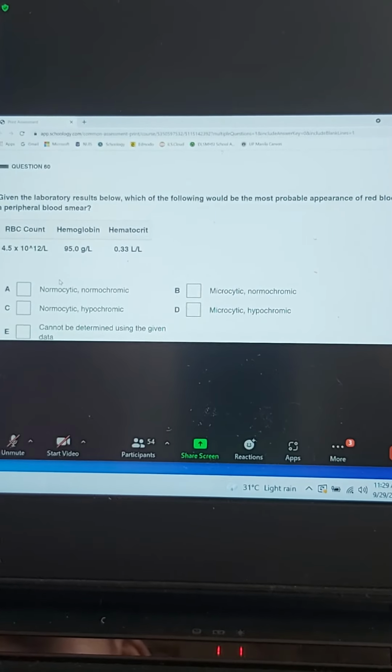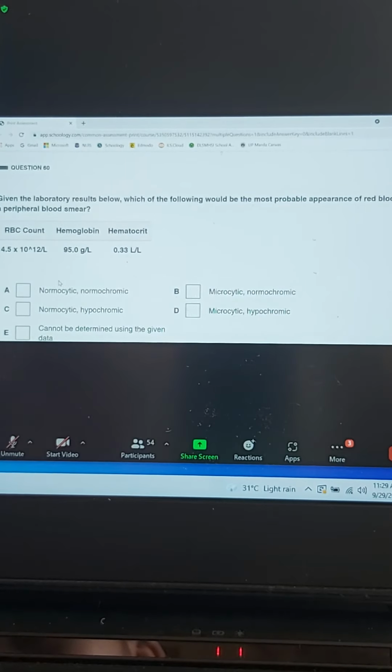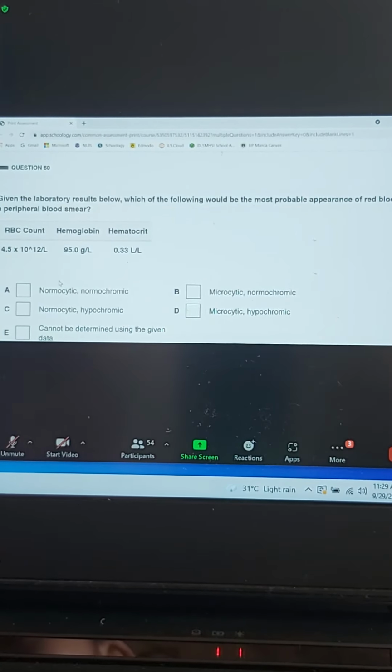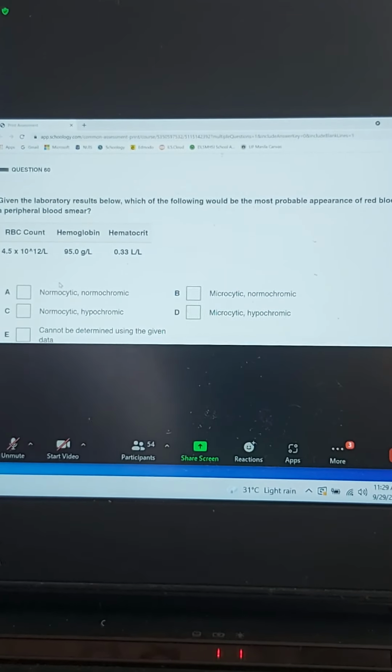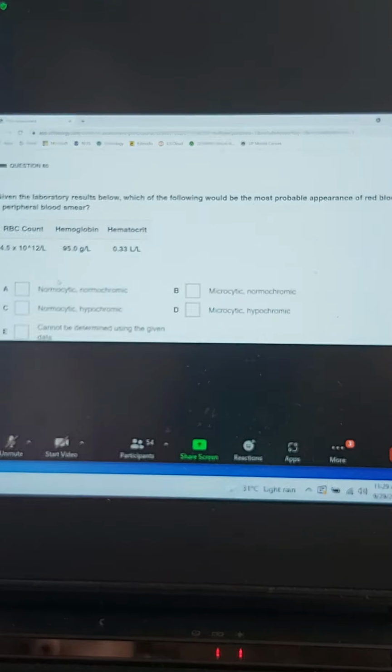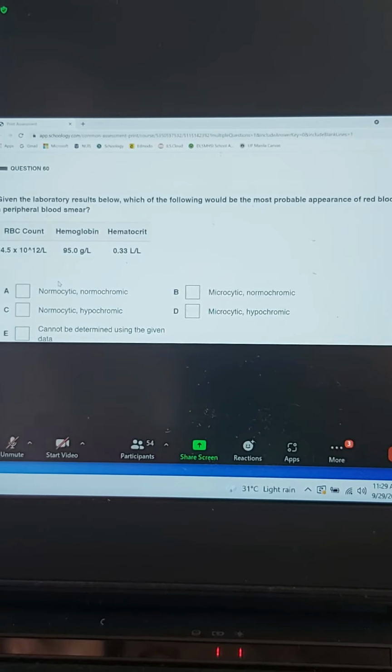Okay. How about MCHC? Paano natin siya kino-compute? Your MCHC is hemoglobin divided by hematocrit. So 9.5 divided by 33 times 100. So 28% lang or 28 grams per deciliter.